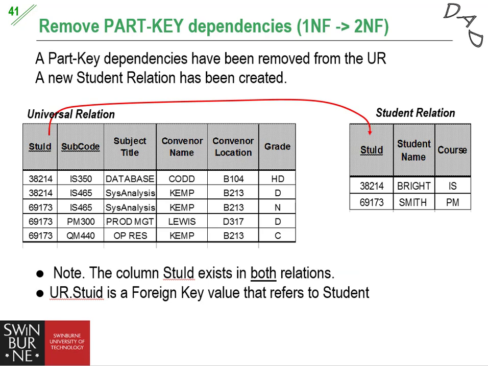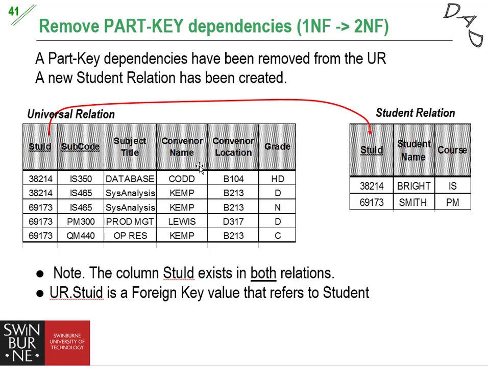So this is what we have done here. We take the student ID, the part key, and all the dependents into another entity called the student relation, right? So student ID is a part of this universal key. Now we need to do the same process for our second key, subject code.